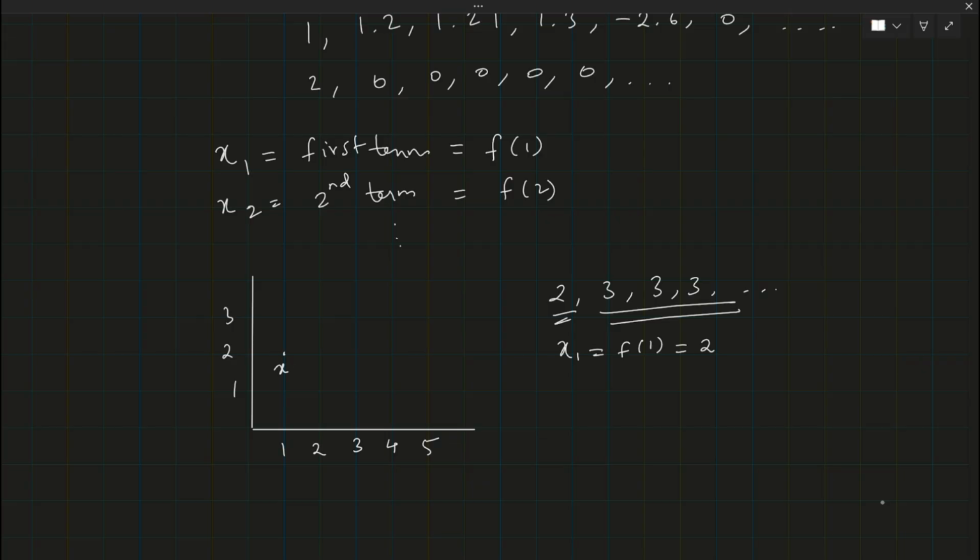This would denote x1. Then we would have x2. x2 is f of 2, which is basically 3 here. So we would plot 2 comma 3 to denote x2. And similarly we would plot 3 comma 3 to denote x3, 4 comma 3 to denote x4, and so on. So this is the sequence.